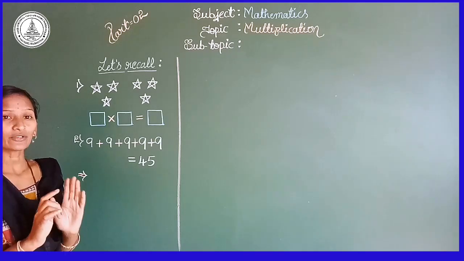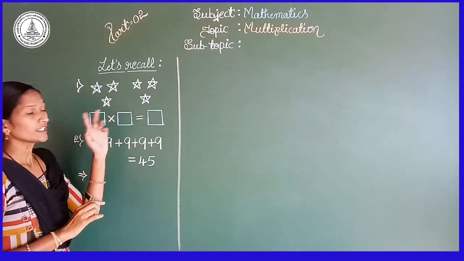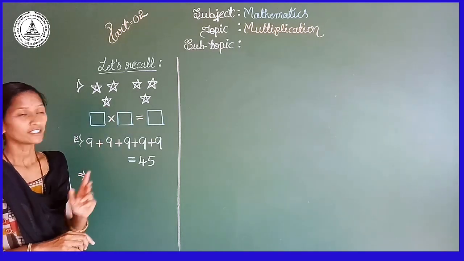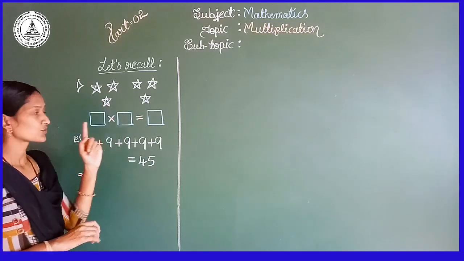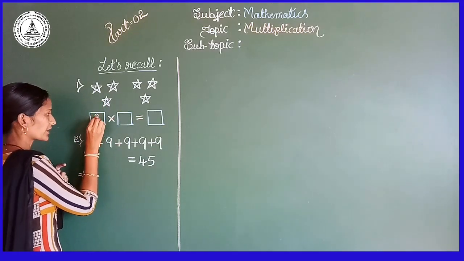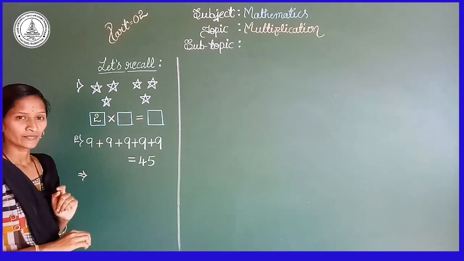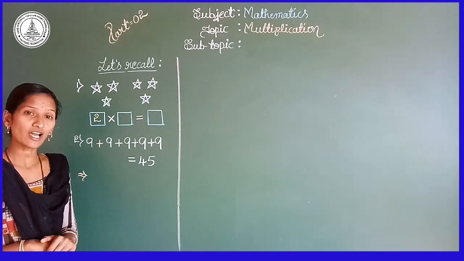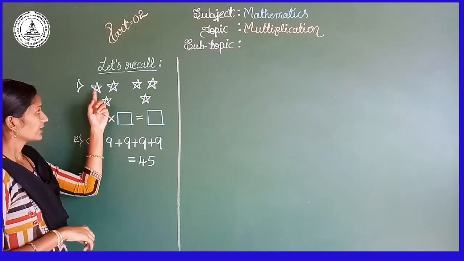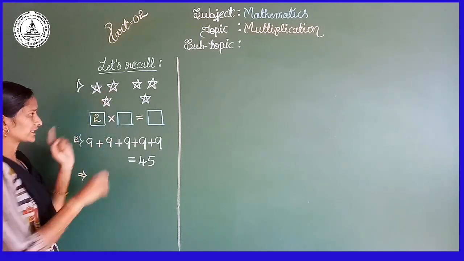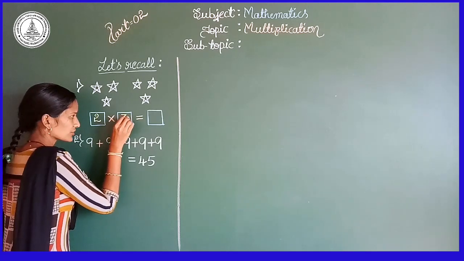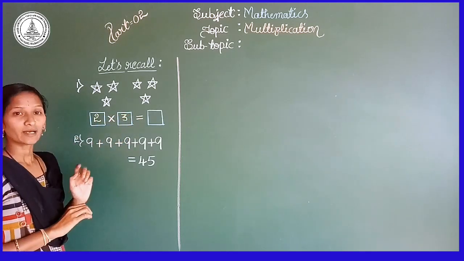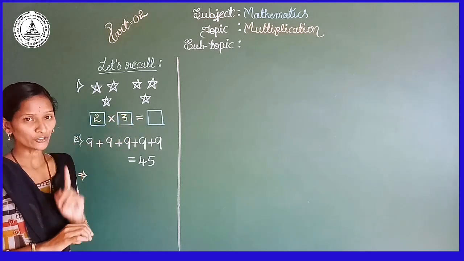So first you have to write down how many groups there are. Here there are 2 groups. So in the first box you have to write down the number 2. Right? In each group we have how many stars? We have 3 stars. 1, 2, 3. So in the second box you have to write down the number of stars in one group.